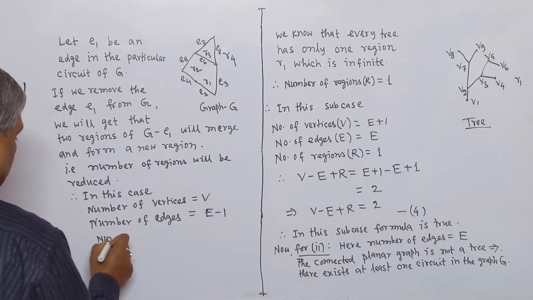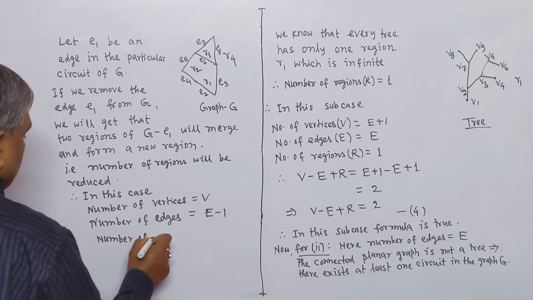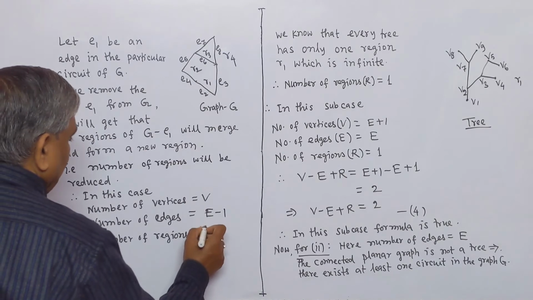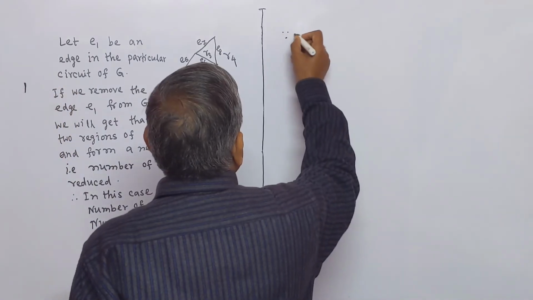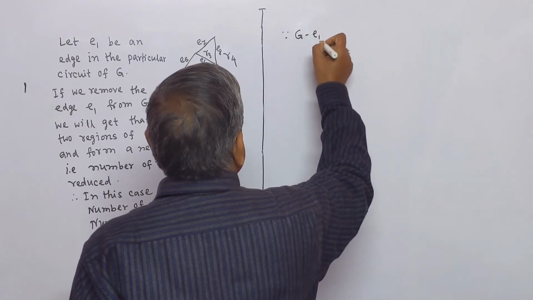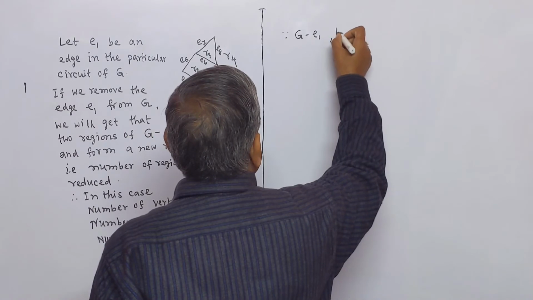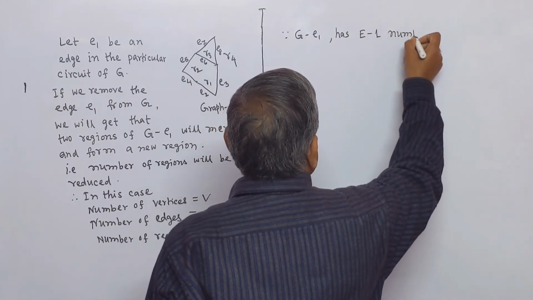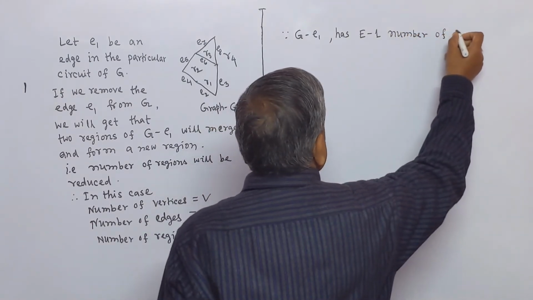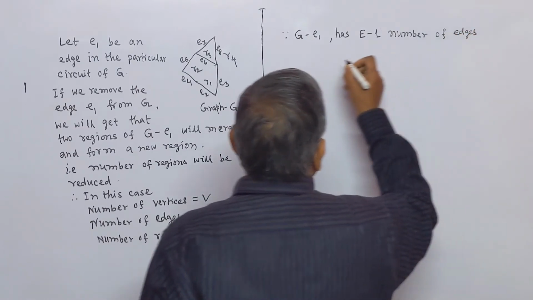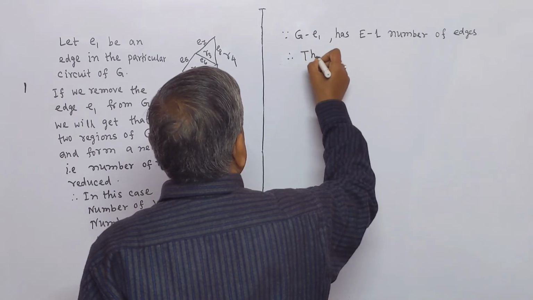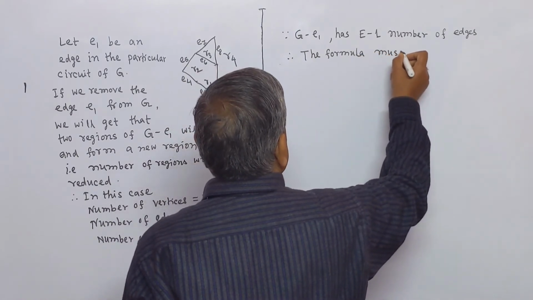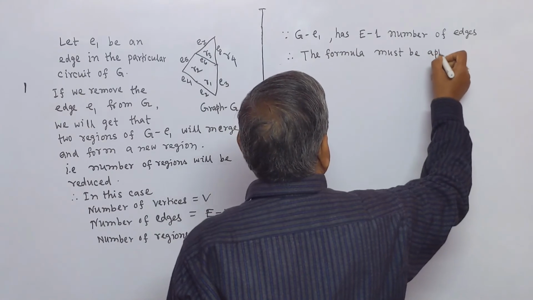Number of regions will be R minus 1. Since the G minus E1 graph has E minus 1 edges, therefore the formula must be applied here.